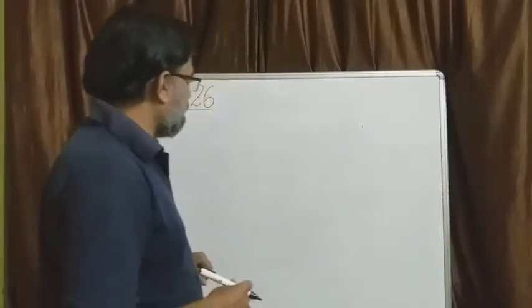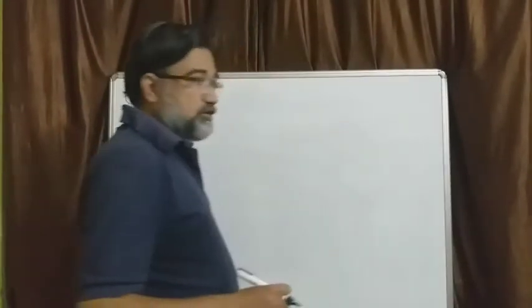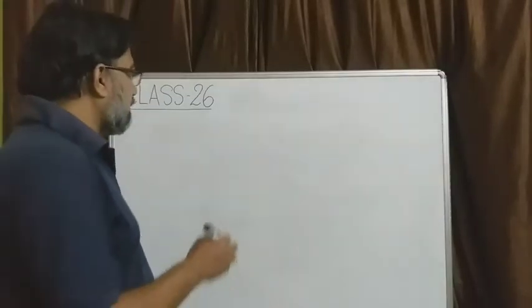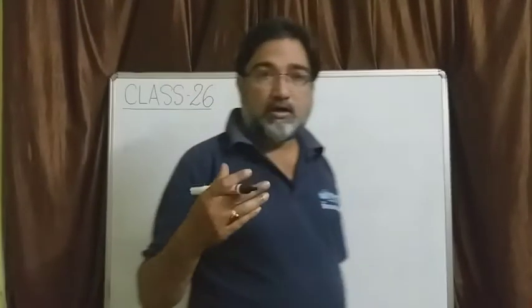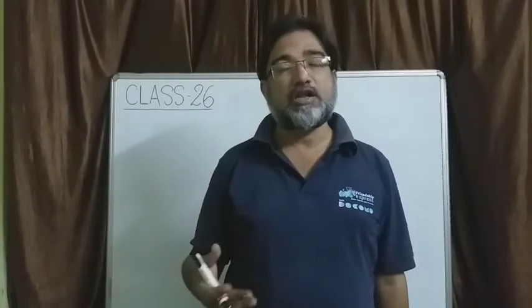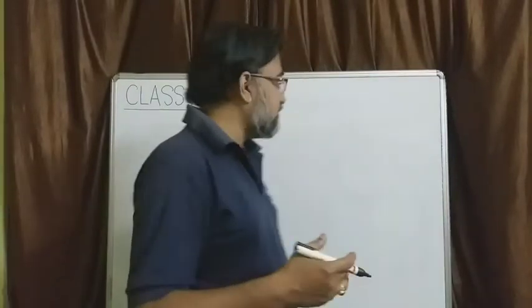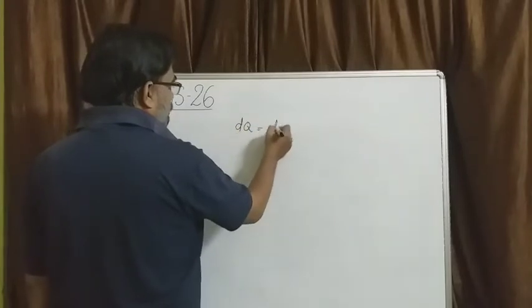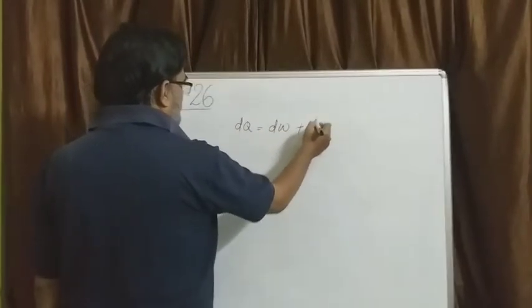Next, if you come to the first law of thermodynamics, then what does it say for a closed system undergoing a process? It says dq is equal to dw plus du.